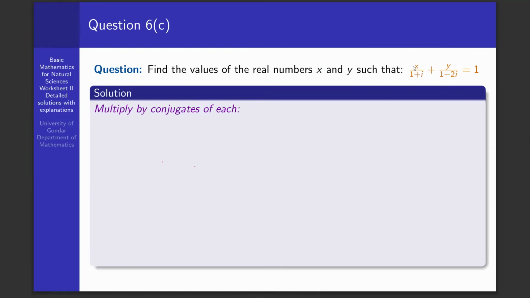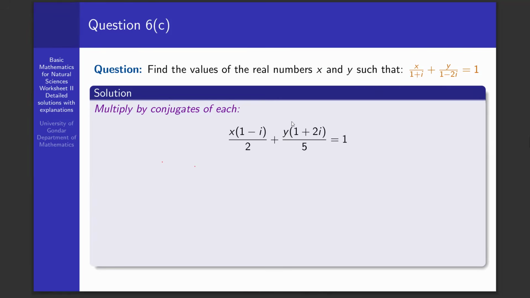That means in order to write each complex number in standard form, we have to multiply x over 1 plus i by the complex conjugate of 1 plus i, and y over 1 minus 2i by its complex conjugate, which is 1 plus 2i.